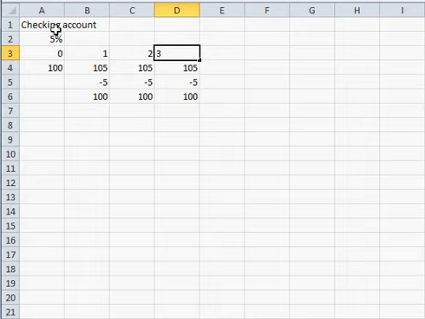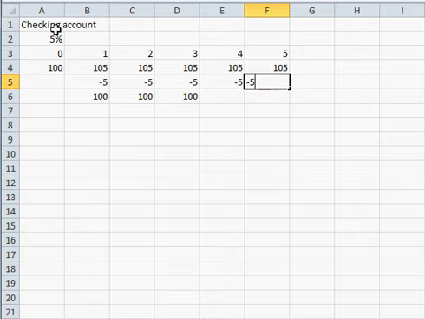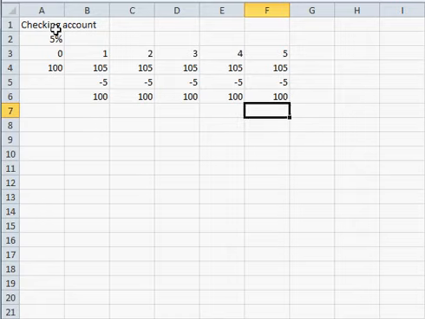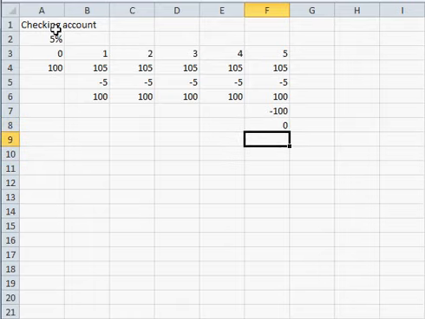And let's say we did that until year 5. But then in year 5, we're also going to pull out the balance. So we end up with 0.